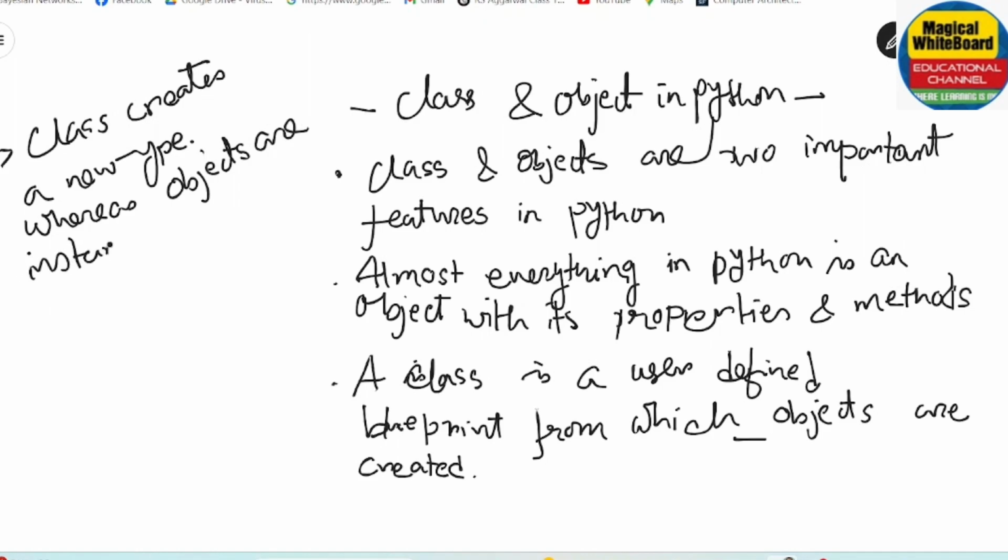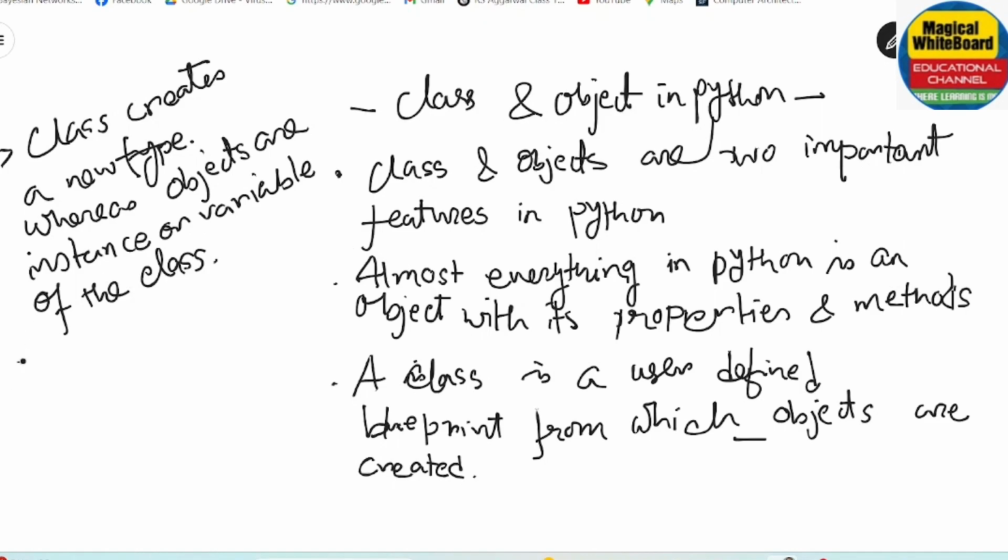Instance means variables. Class creates a new type, whereas objects are the instance or variable of the class.